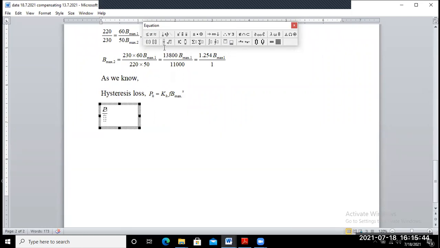PH2 divided by PH1 equal to how much? K is cancelled.